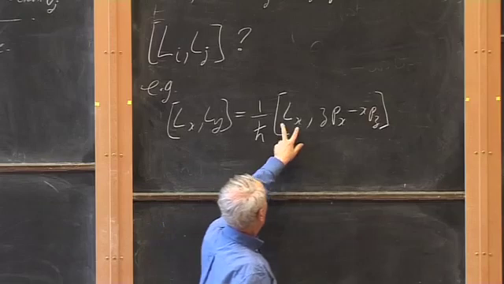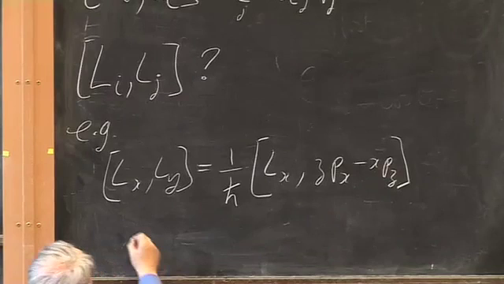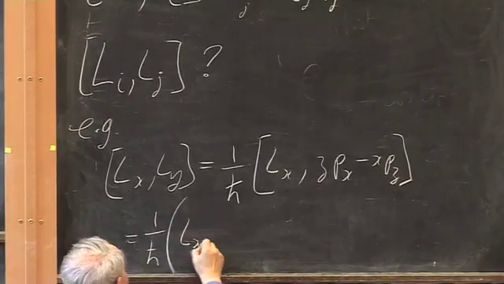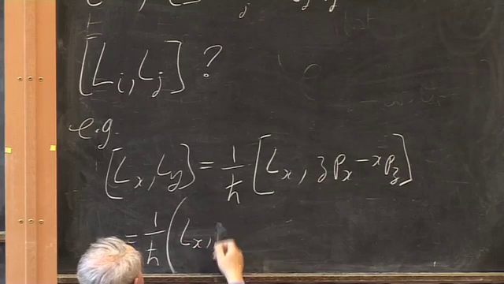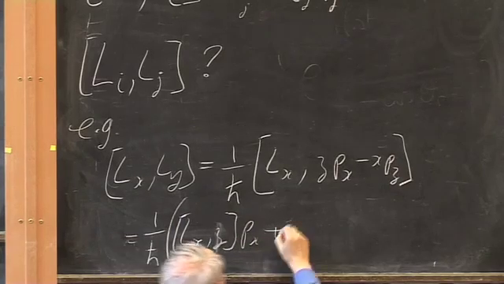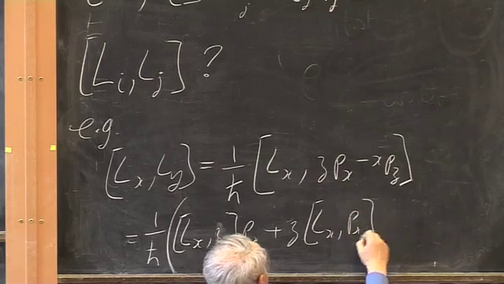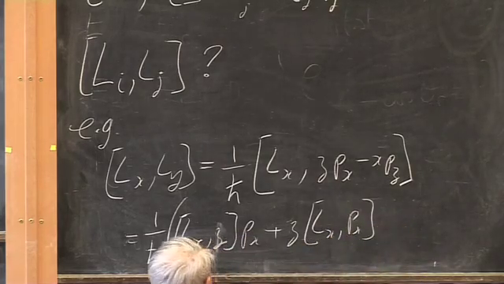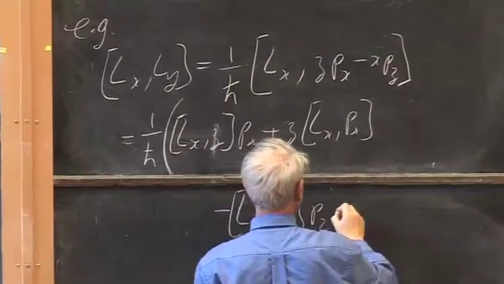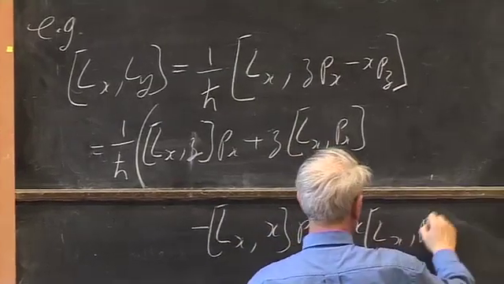We know now how Lx commutes with this and how Lx commutes with that, so we can work it all out. So this is 1 on h bar, open a big bracket, of [Lx, z] with px standing idly by, plus z standing idly by, [Lx, px], minus [Lx, x] and pz standing idly by, minus x standing idly by, while Lx works on pz.